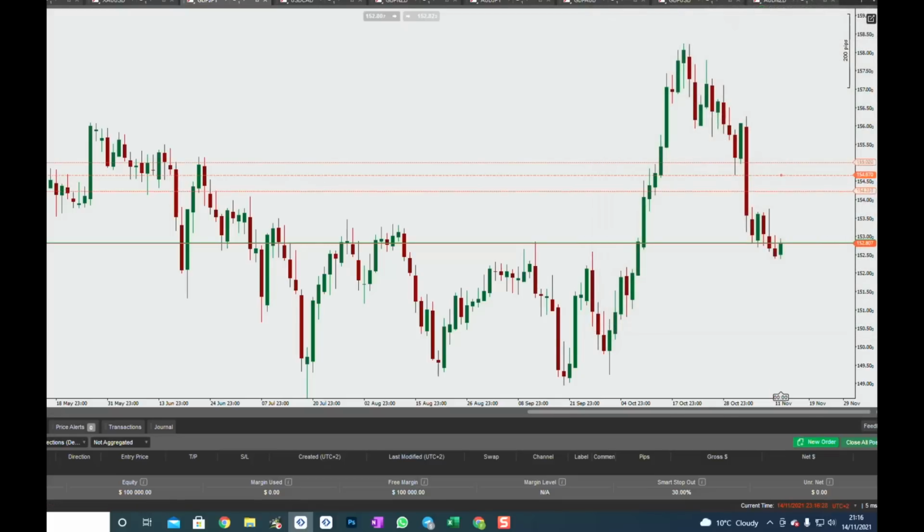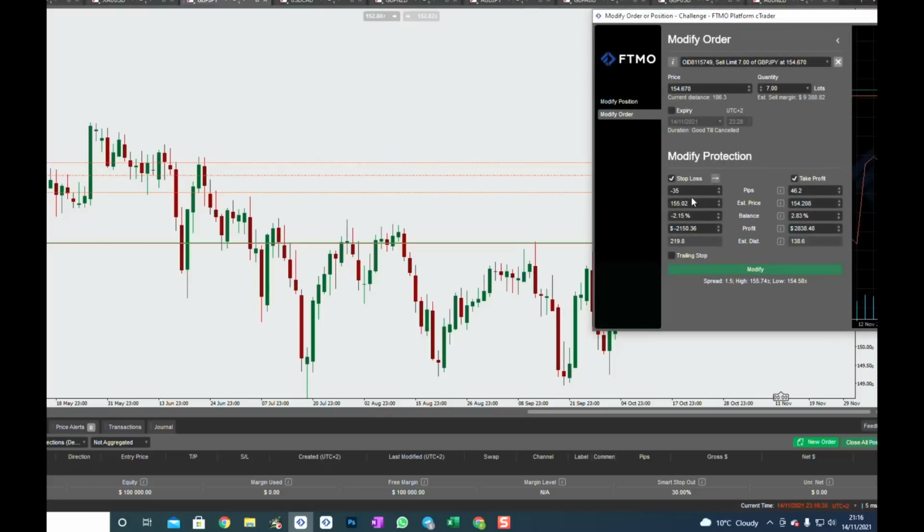And let's go for the first target of around here. So here I am actually risking around 2% for just under 3%, so about 1 to 1.5 just underneath. We could leave a runner and see how it goes.